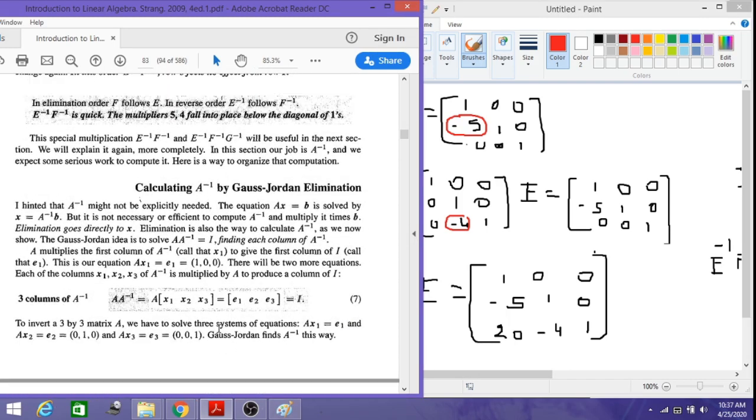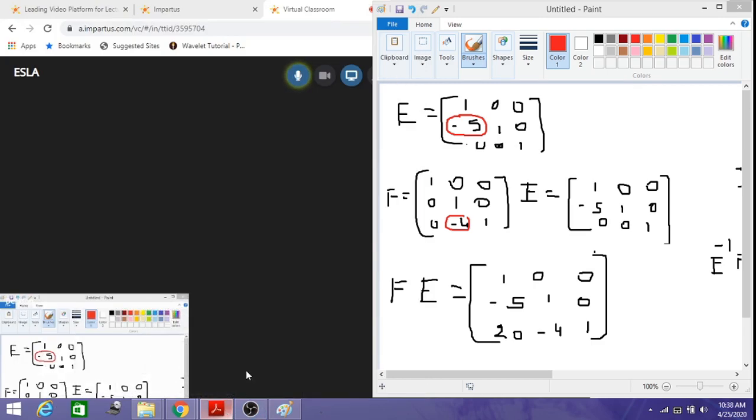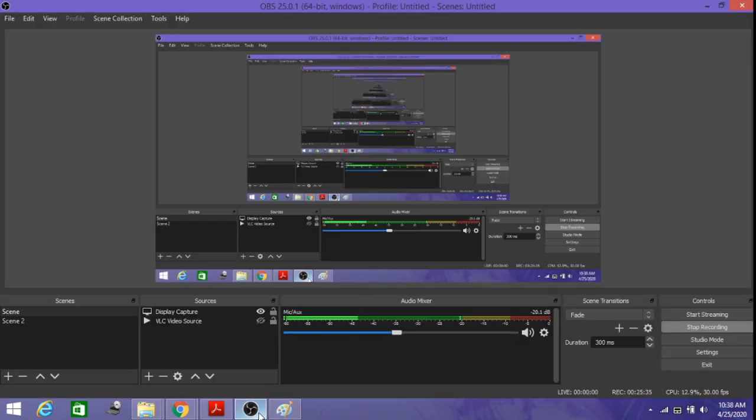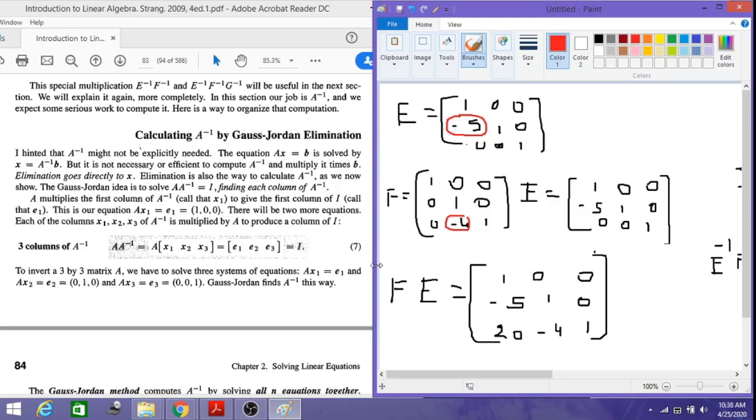And then we will discuss the Gauss-Jordan elimination process. What's the time we have? We have quite a bit of time. Okay, let us discuss the Gauss-Jordan elimination process.